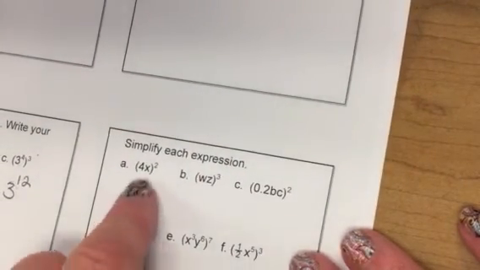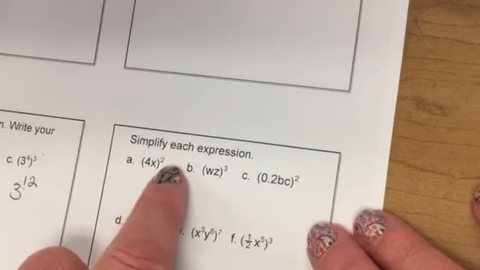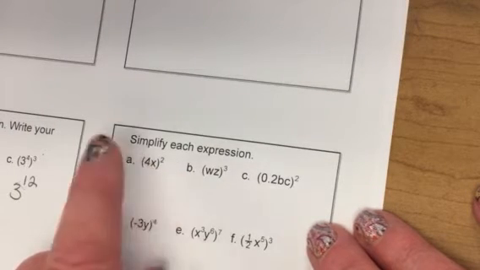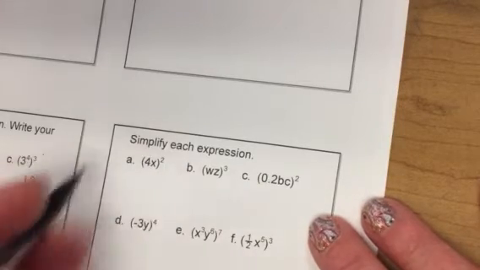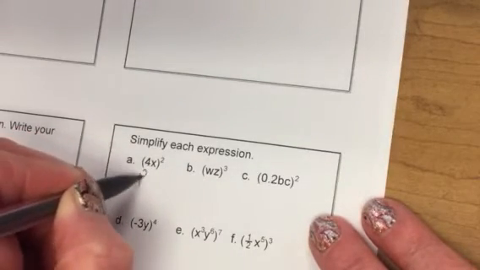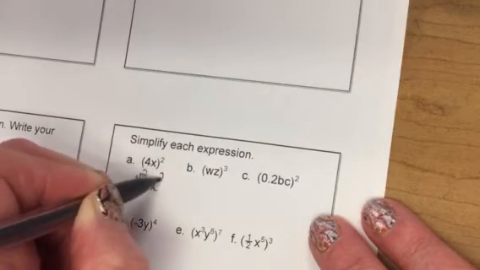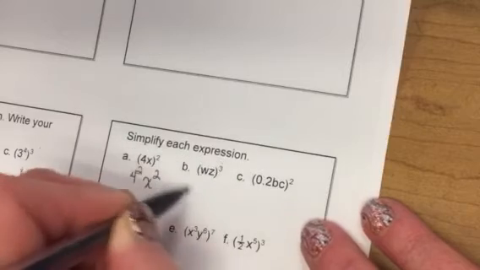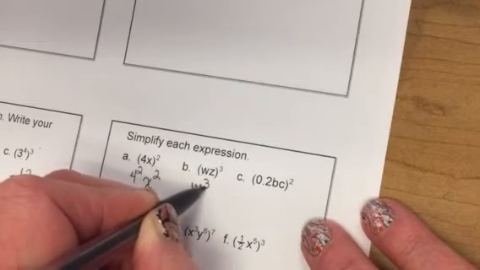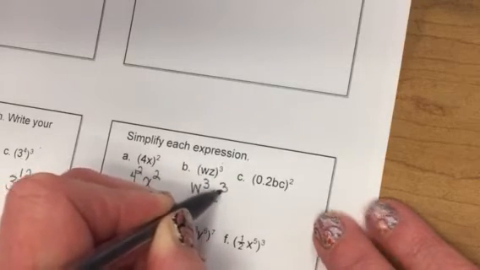Here we have a power of a product. This is our Ellen rule. You get a power and you get a power. 4 to the 2nd, x to the 2nd. Everybody to the 3rd: w to the 3rd, z to the 3rd.